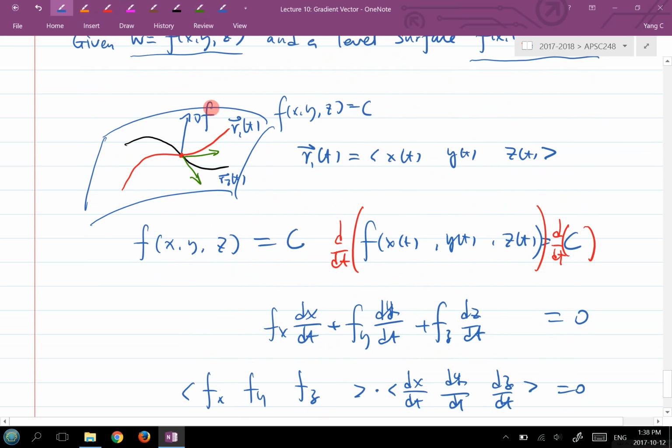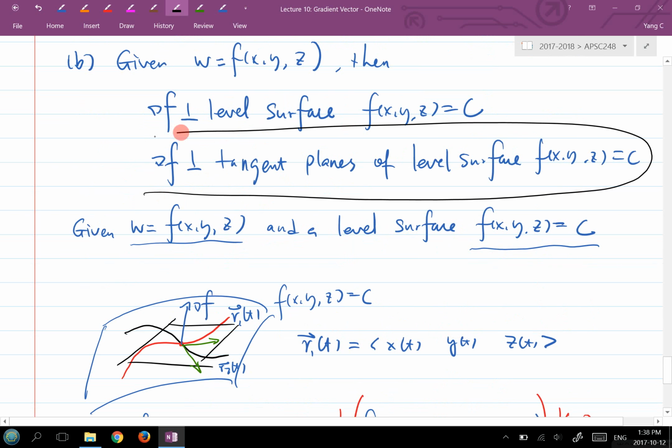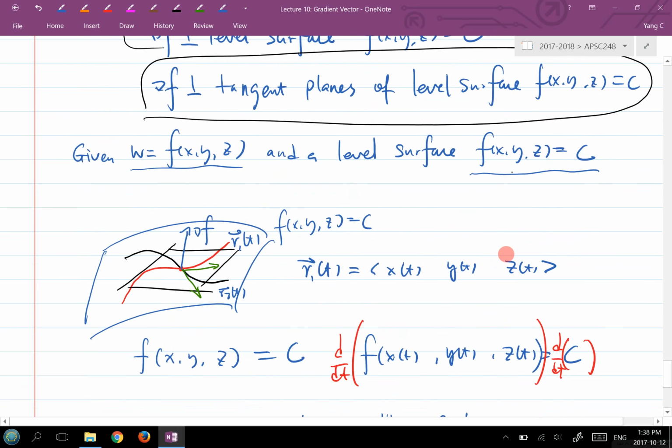So I can equivalently say, if at this location I create a tangent plane to that point on the surface, then the del f will be perpendicular to what? To that tangent plane. Does that make sense? Good. So that basically proves this portion here, or this one here, the same thing.